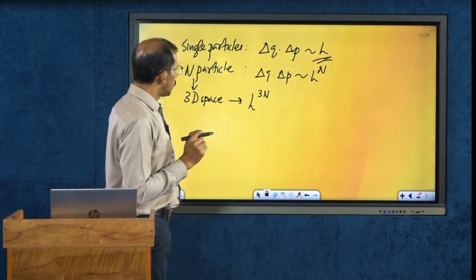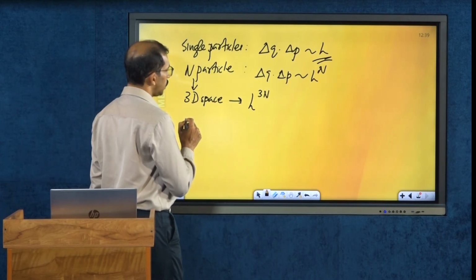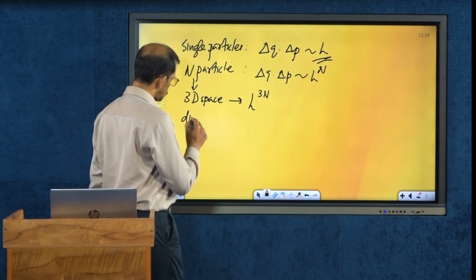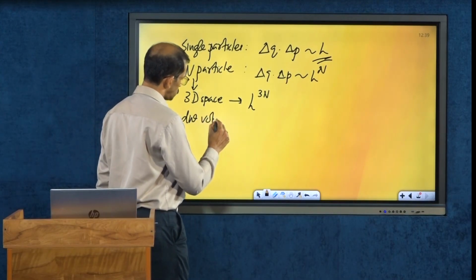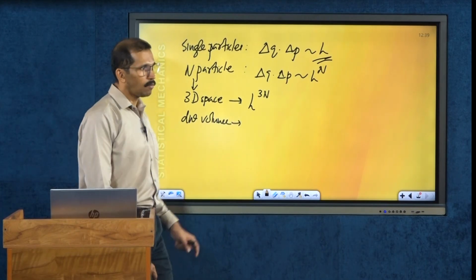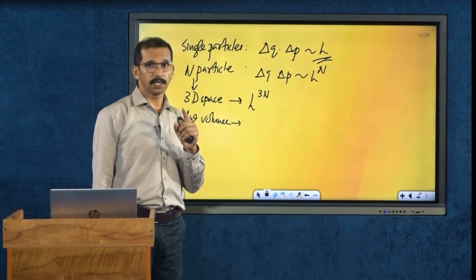Now the question is: if I give you a volume, say omega or the d omega volume, what is the number of microstates in that volume?